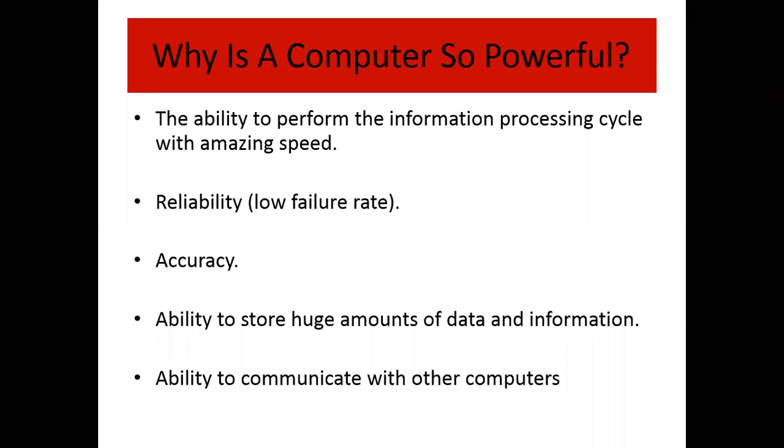So why are those machines better than humans, and why are we dependent on them? Because of the ability to perform the information processing cycle with amazing speed, and reliability, with a low rate of failure. It is more reliable because it does not have senses, so chances of error are less and it is more accurate. It has the ability to store huge amounts of data and information, and the ability to communicate and transfer information from one place to another very easily.